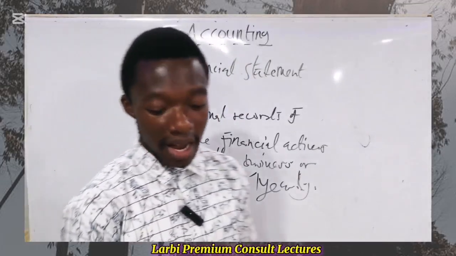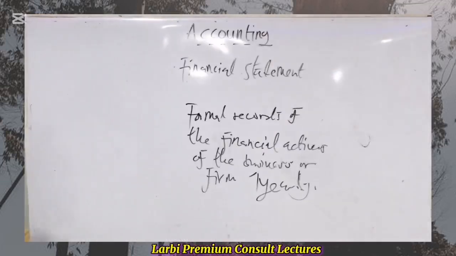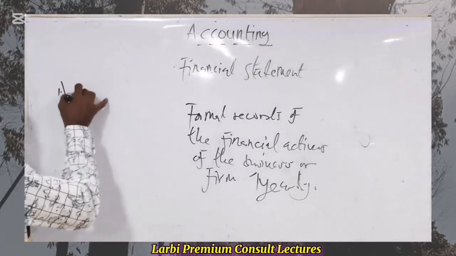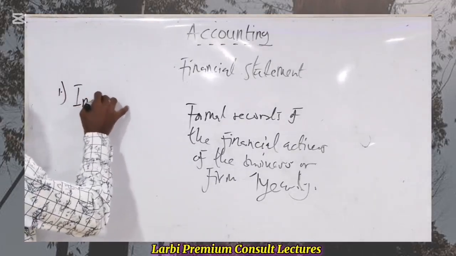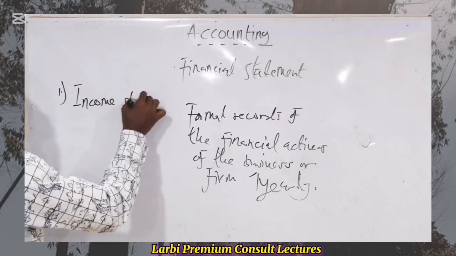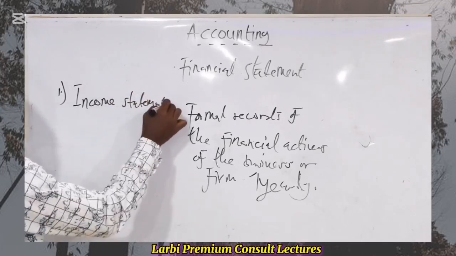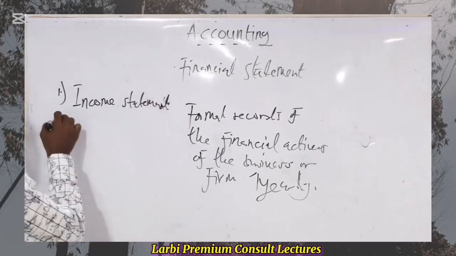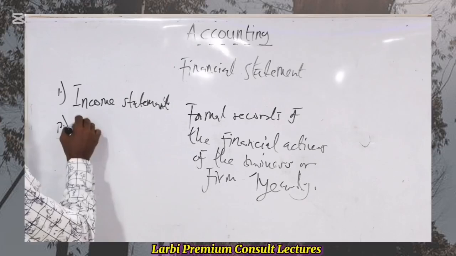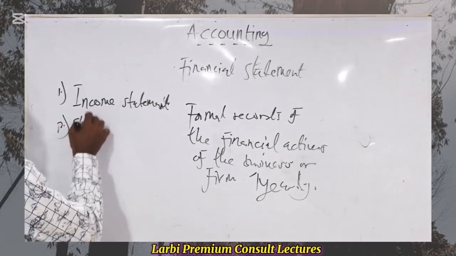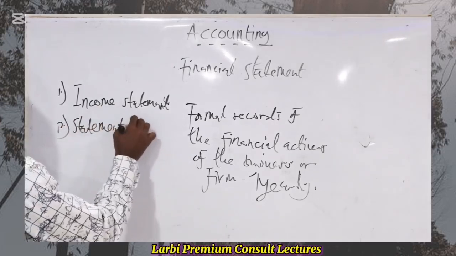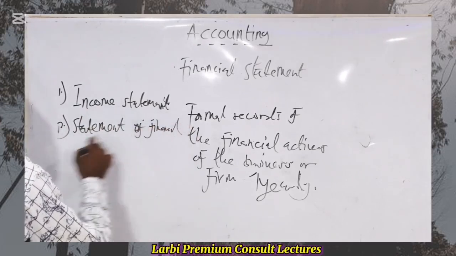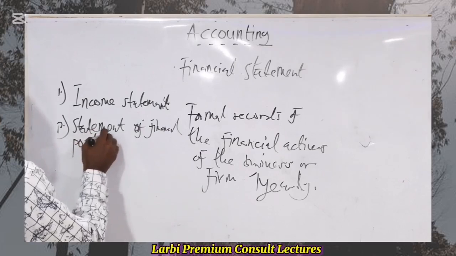So we have the income statement, and second, we have the statement of financial position. This is what we call the balance sheet.